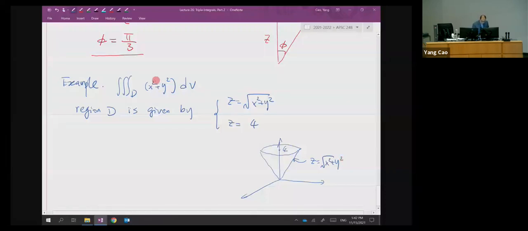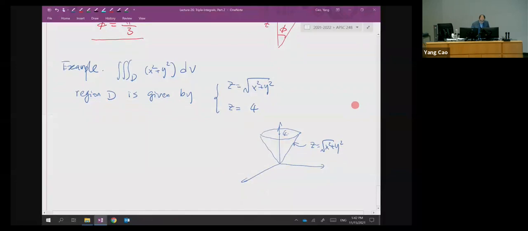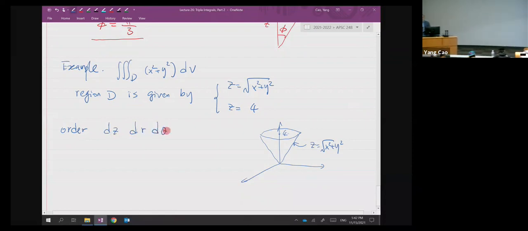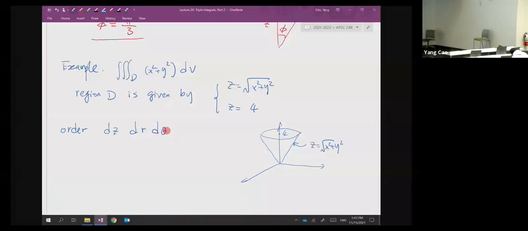So we're integrating this triple integral over this region D. Obviously, you can choose Cartesian, you can choose cylindrical, right? You can try out the Cartesian, and I can guarantee it will be very complicated. So let's use cylindrical coordinates. If I use cylindrical coordinates, the order, most of the time, 99% of the time, will be dz, dr, d theta.